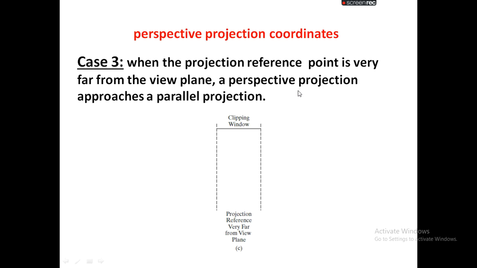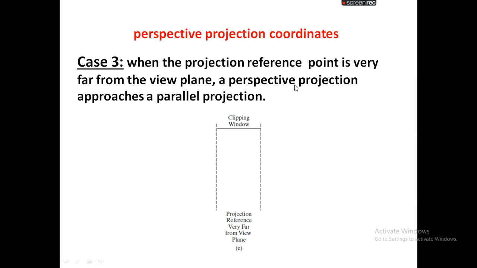In case of perspective projection, our projection lines converge at a certain point. But when you place the projection plane at an infinite distance from the projection reference point, projection lines change from the perspective concept to the parallel concept.